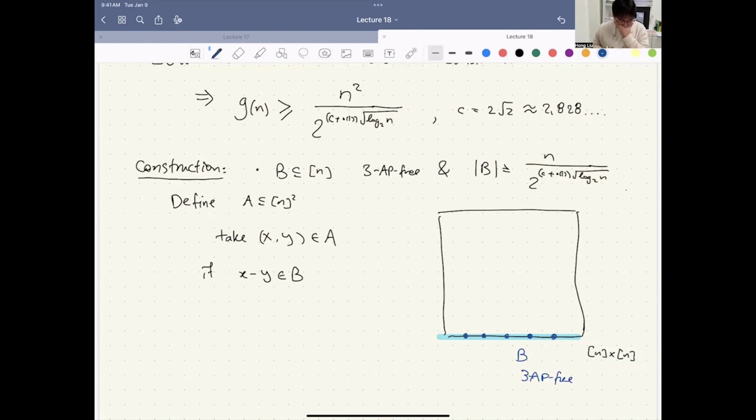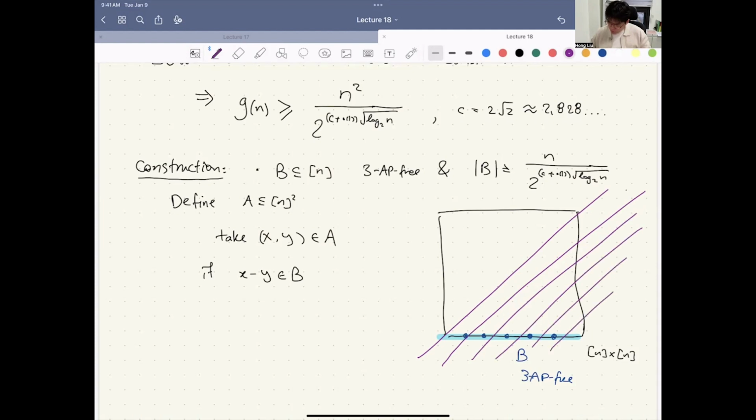Now, let's draw a line. Okay, draw this line of slope 1. This is basically A is of the form.